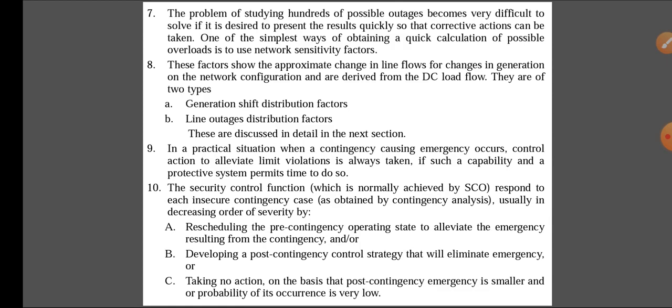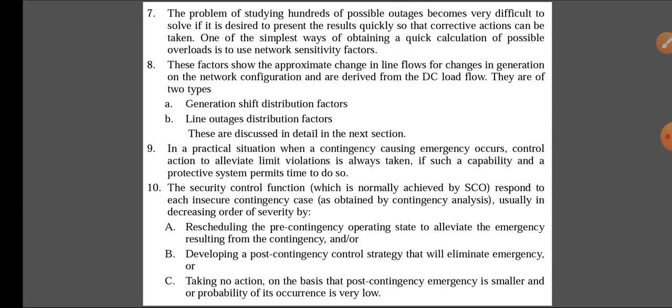What we can do is either work on the pre-contingency state, that is before the contingency occurs, and try to minimize the violations in the operating limit. Or if the contingency has occurred, we have to decide the control strategy so that post-contingency, we can eliminate the emergency.